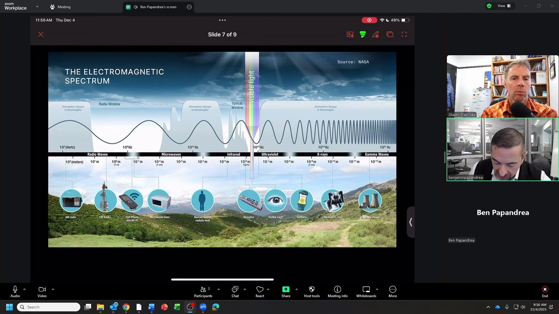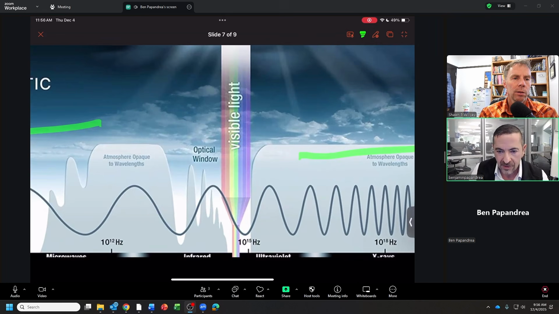Now, if you look closely, it gives you some examples of the type of waves that various things emit. Shorter wavelengths are in this direction, and longer wavelengths in that direction.